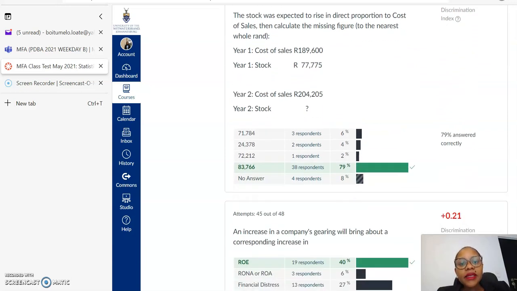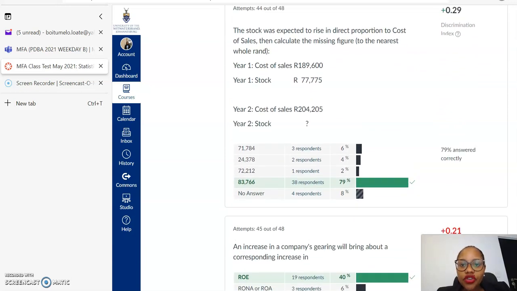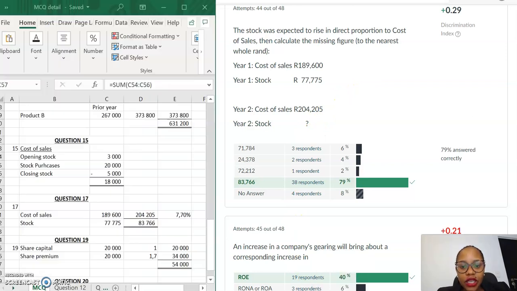Okay. The next question, the stock was expected to rise in direct proportion to the cost of sales. Then calculate what the stock is for year 2. So they've given you the cost of sales in year 1 and the increase. So if we were to do question 17, I actually look at the cost of sales. It moved from 189,600 to 204,205.